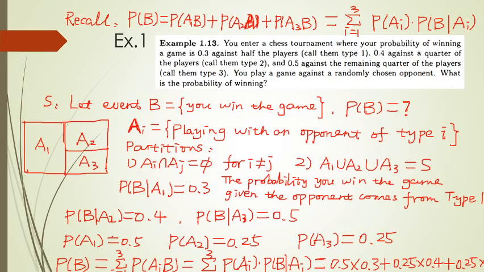Let me check. The final answer will be 0.375. Try to take notes for this example, and how we applied the total probability theory.